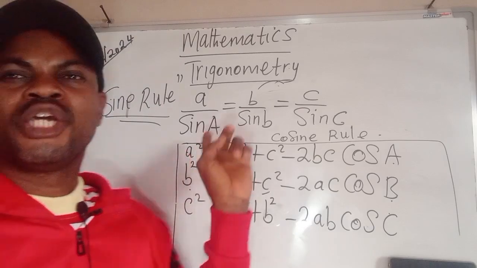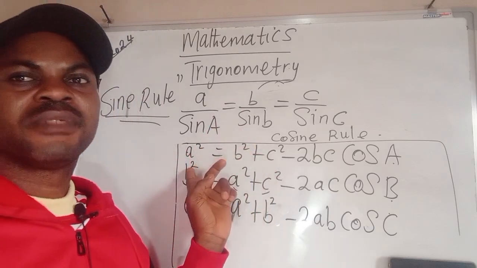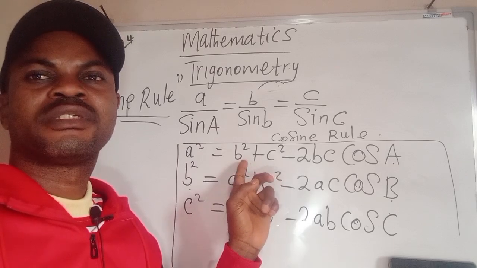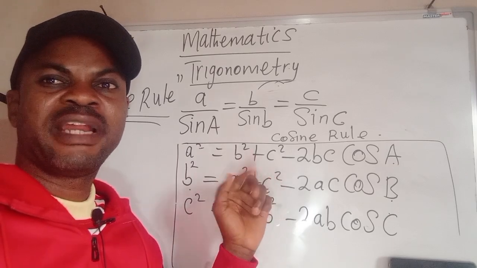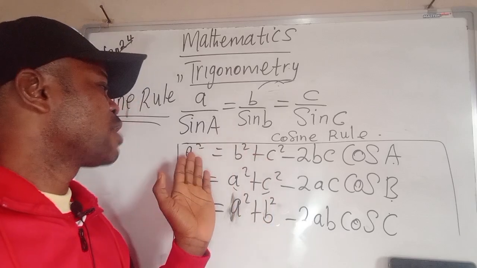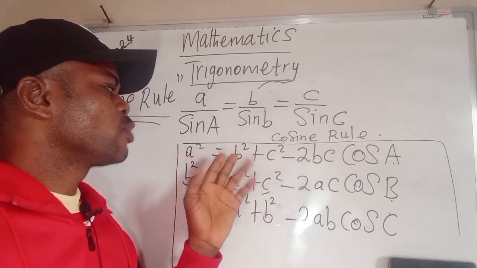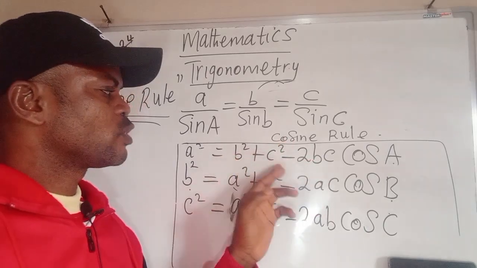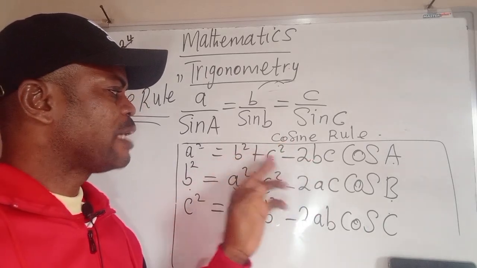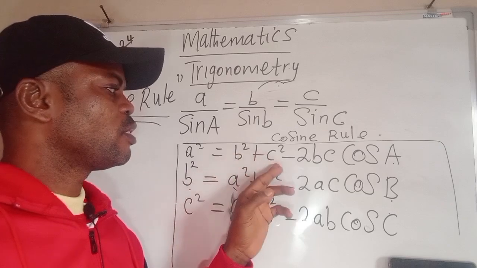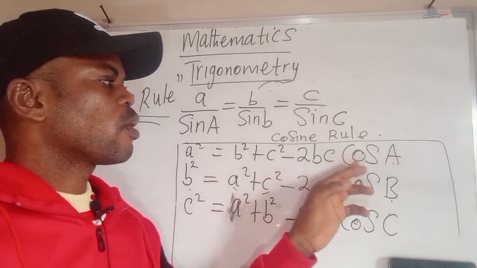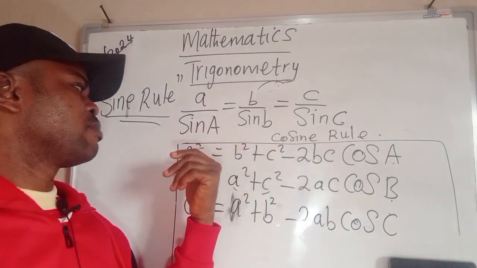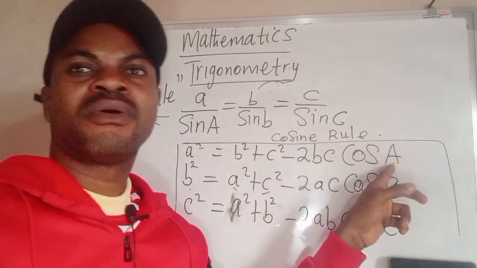If you start with side A, it becomes A squared equals to the other two sides, represented with B and C. So starting with side A, I'm going to say equal to B squared plus C squared minus 2BC cos the angle of the side I'm dealing with. I'm dealing with side A here. It ends with angle A.